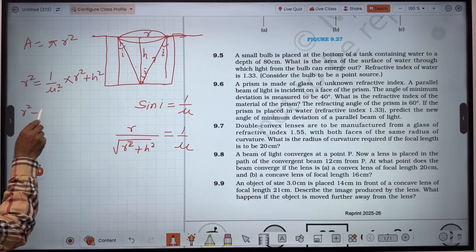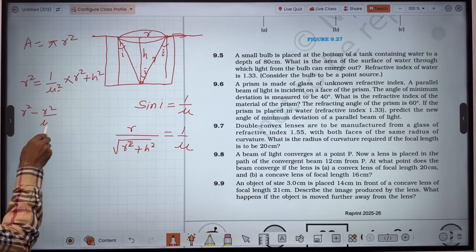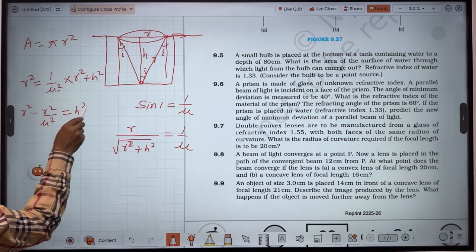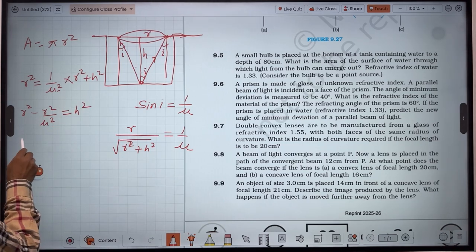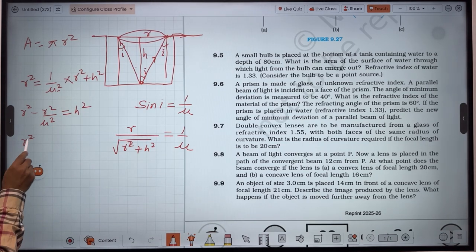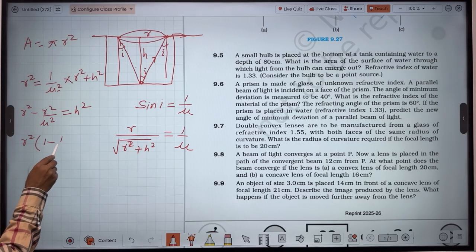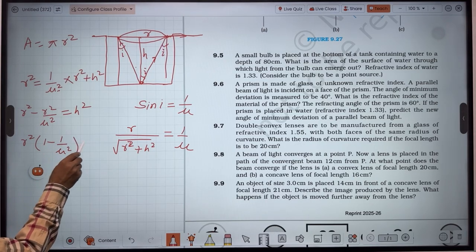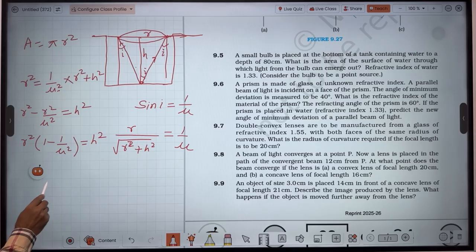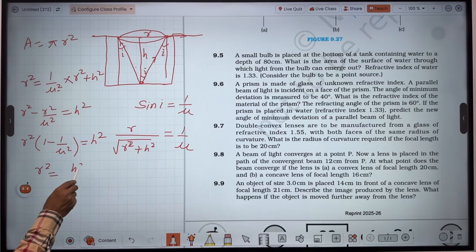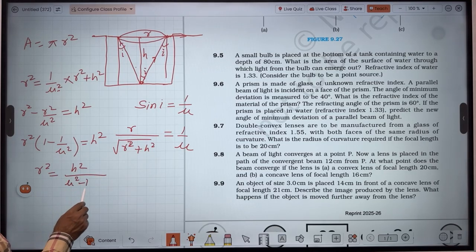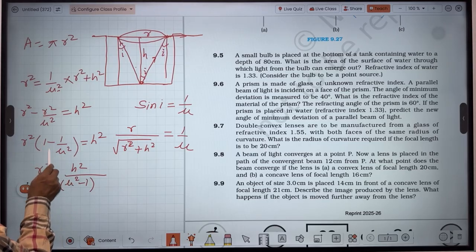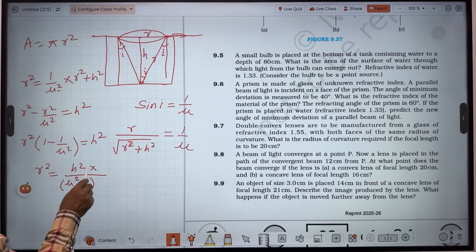R square minus r square divided by mu square equals h square, right? Take r square common, then 1 minus 1 upon mu square is equal to h square, or r square will be equal to h square divided by, either you write mu square minus 1, take LCM, and then take mu square in the numerator.